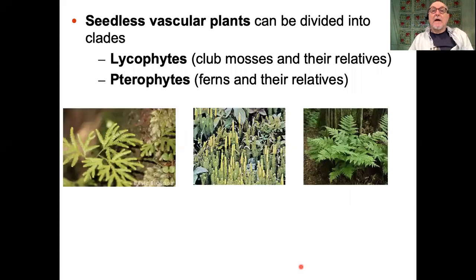Okay, so we're going to spend some time as well talking about the seedless vascular plants. There are two groups, one that you will definitely have heard of, the other you may not have heard of. The first group of the seedless vascular plants are the Lycophytes. The Lycophytes are a group that's still widespread, but now reduced in size.